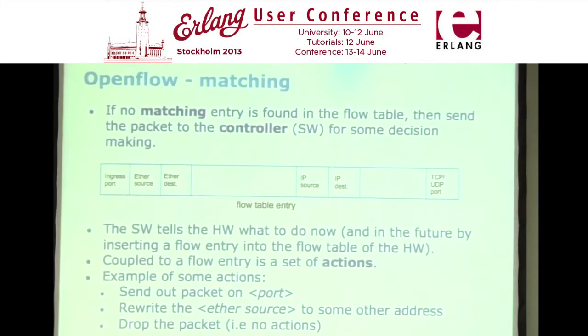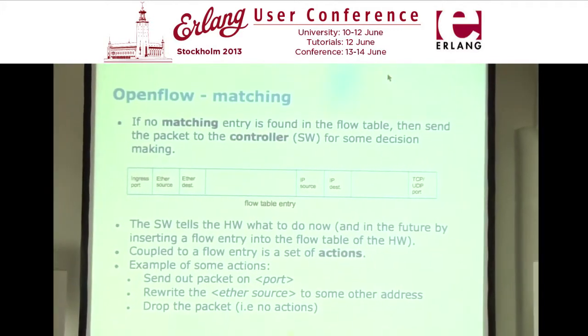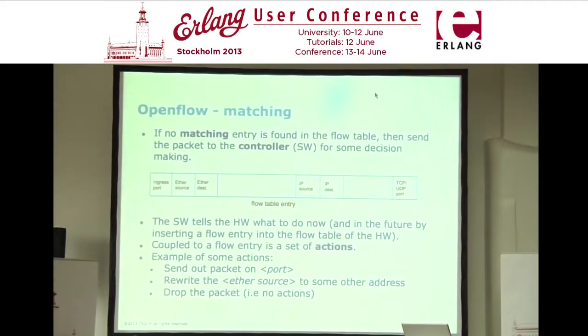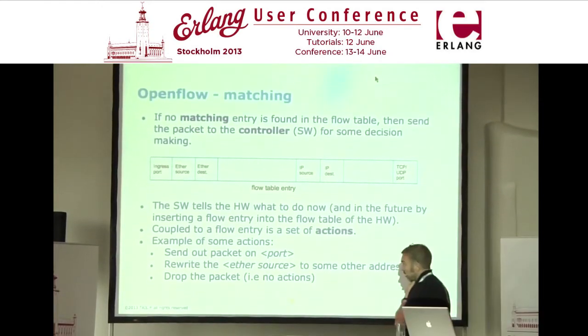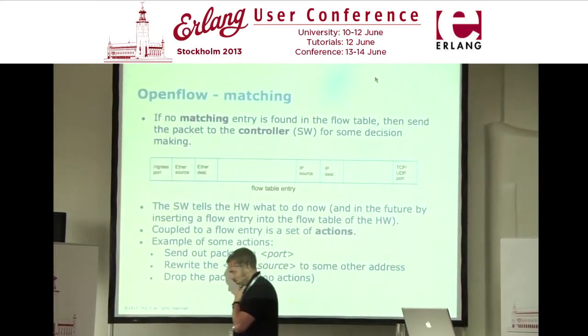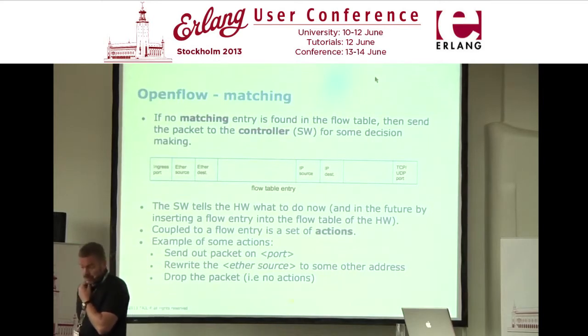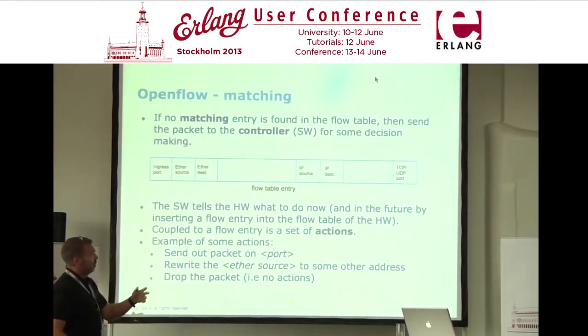So here is just an example of things that exist in this table. This is a table entry where you can match incoming packets on, for example, what switch port it came in through, the ingress port, Ethernet source address, IP source address, and lots of other stuff in the headers of the packets.